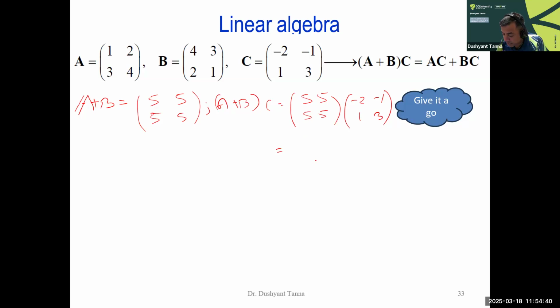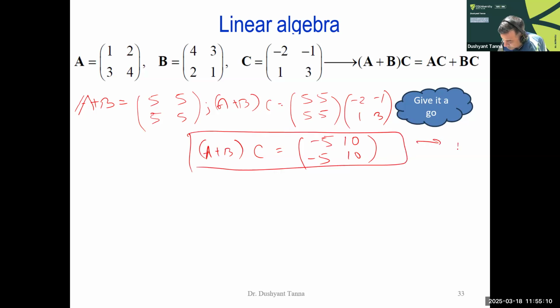So that will be minus 10 plus 5, so minus 5, minus 5 plus 15, that will be 10. Since all the elements are 5, the second row has to be the same. So that is minus 5 and that is 10. So this is your A plus B multiplied with C. Result 1.